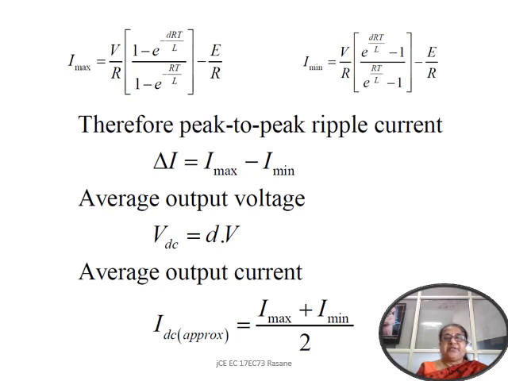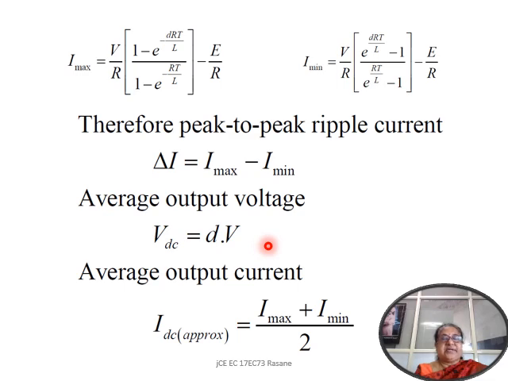Then the peak to peak ripple current is nothing but the difference between the I max and I minimum. So this minus this will give you delta I, which is called the peak to peak ripple current. Next is the average output voltage VDC, which is equal to duty cycle into the input voltage.